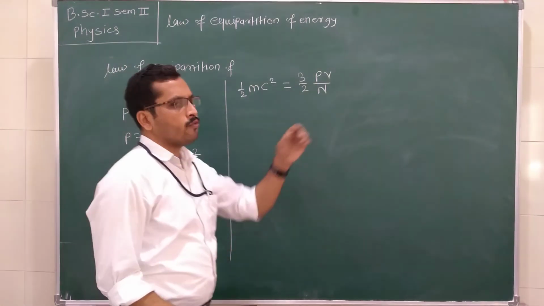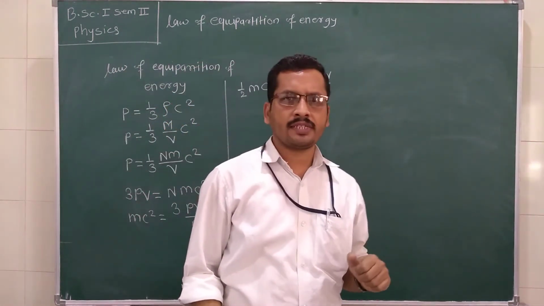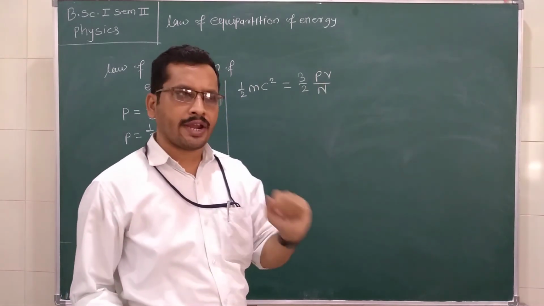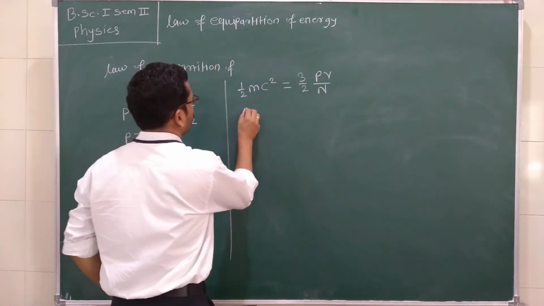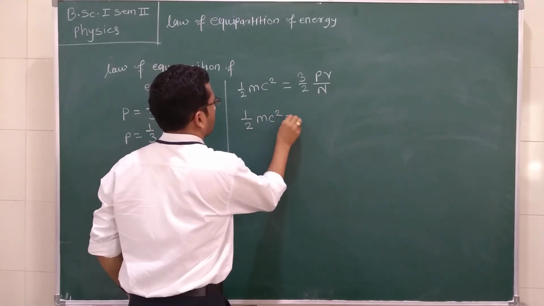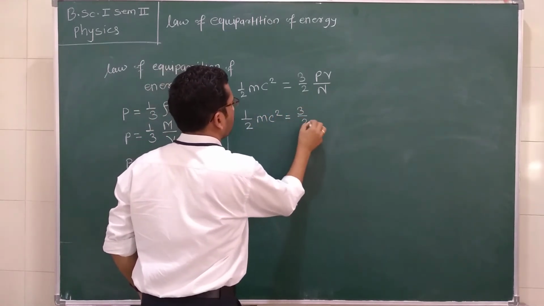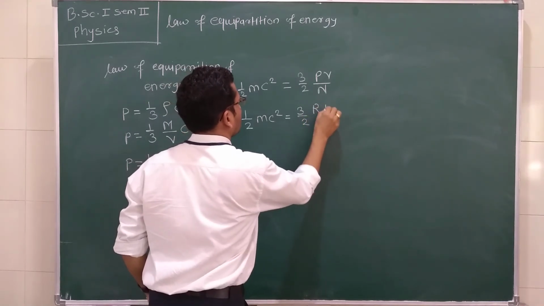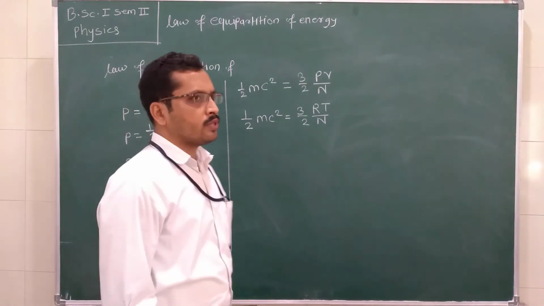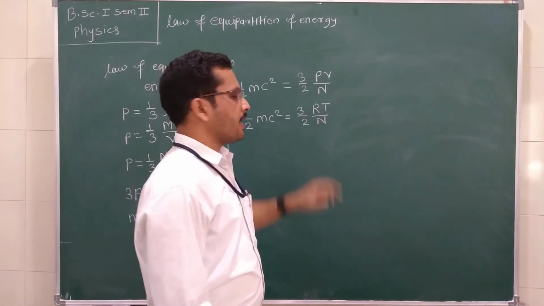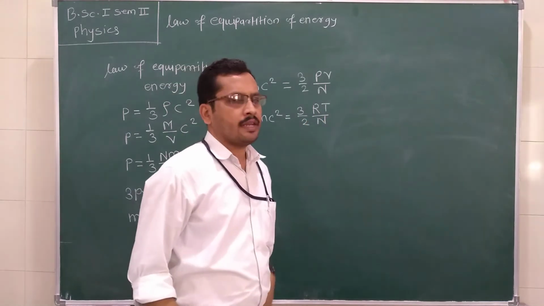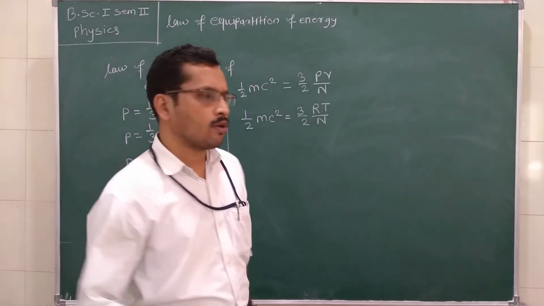But for 1 mole of gas, we can say that PV is equal to RT according to the ideal gas equation. So 1 by 2 m C square is equal to 3 by 2 RT divided by n. But we also know that the ratio R divided by n is nothing but the Boltzmann constant.